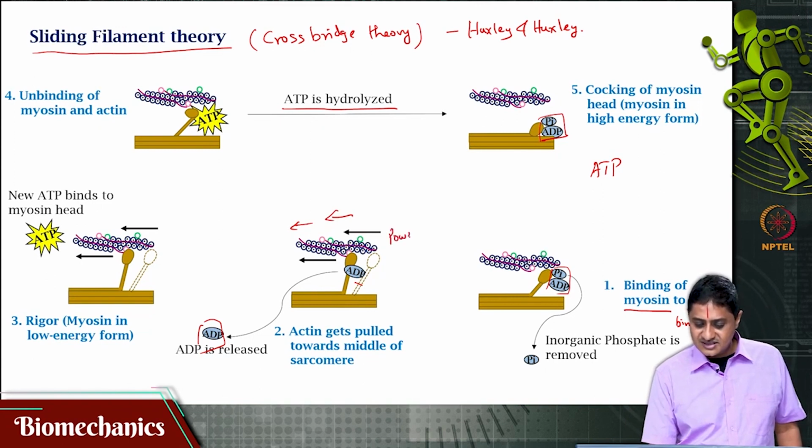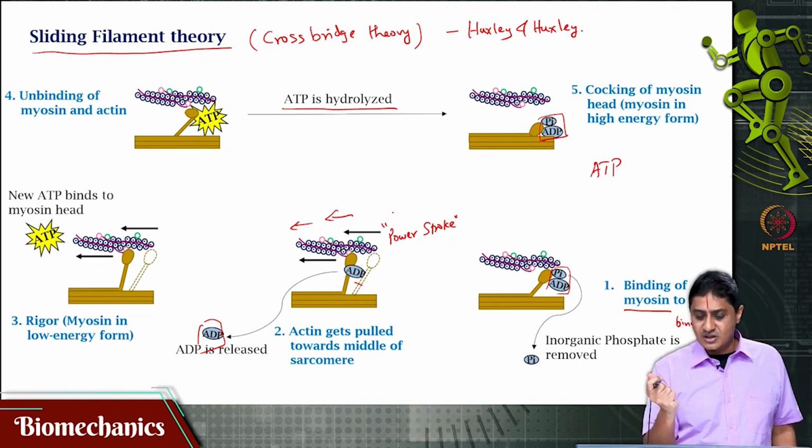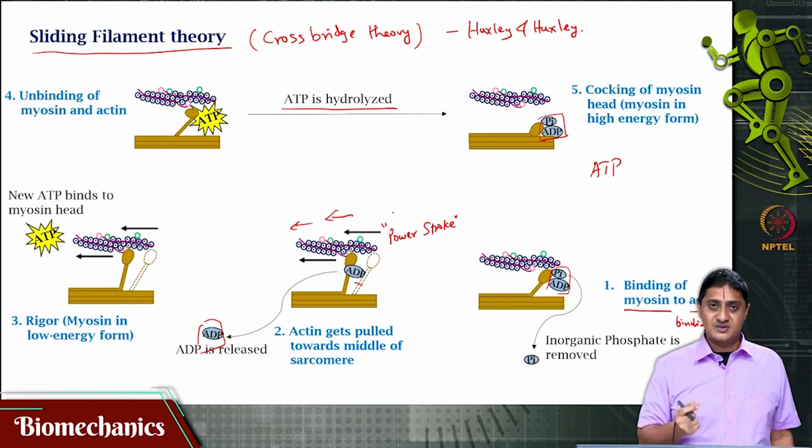This step, in which the pulling of the thin filament or actin by the myosin head happens, is called the power stroke.